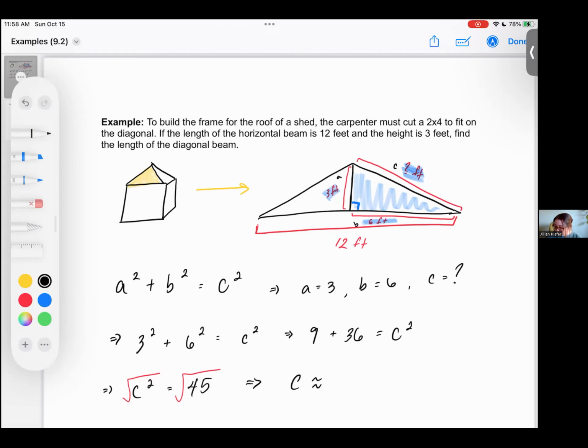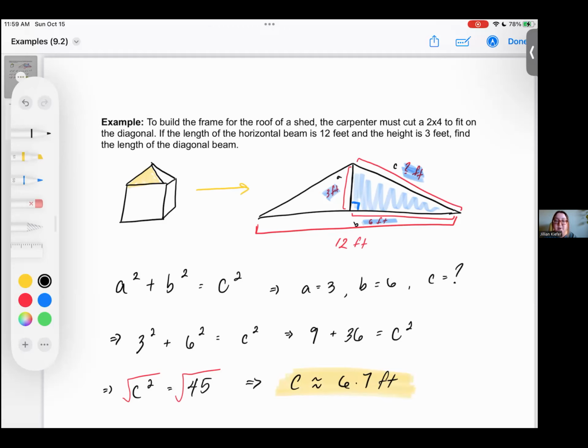And this should give us 6.7 feet. So we want to find the length of that diagonal beam. That diagonal beam should be 6.7 feet.